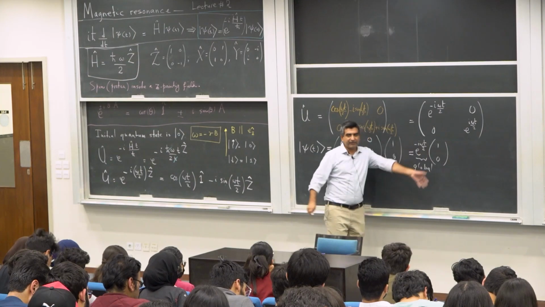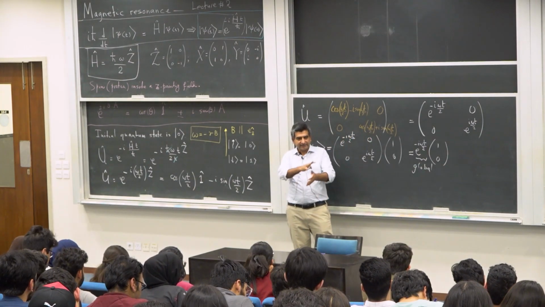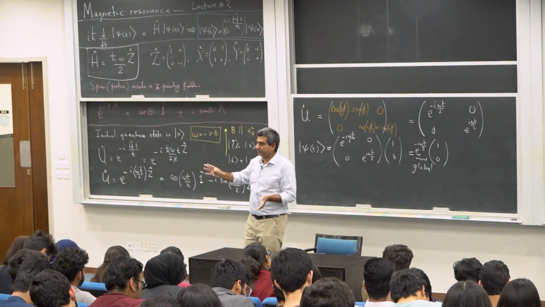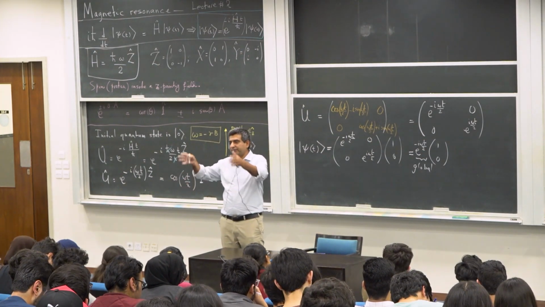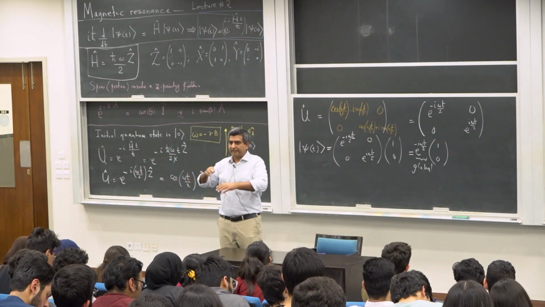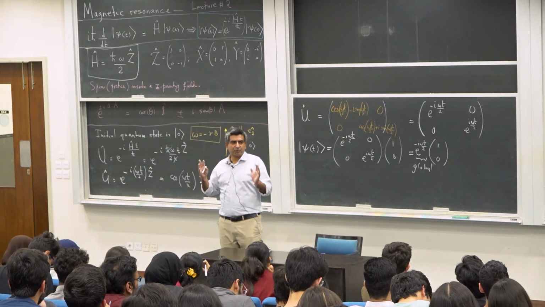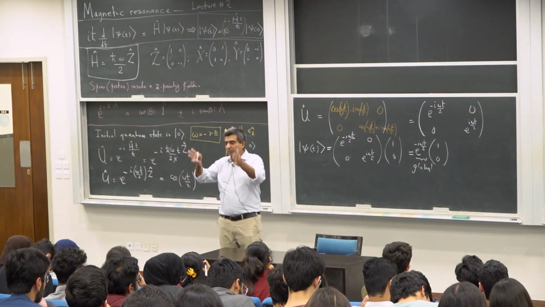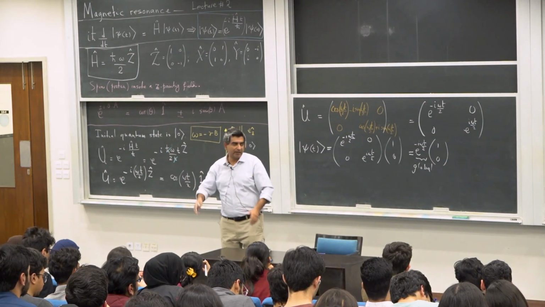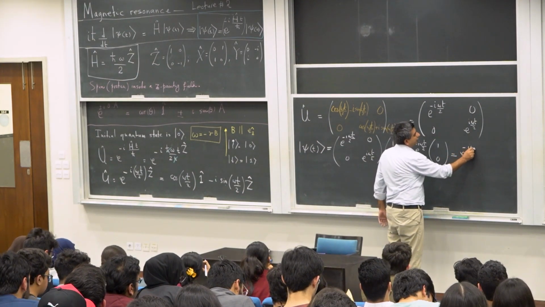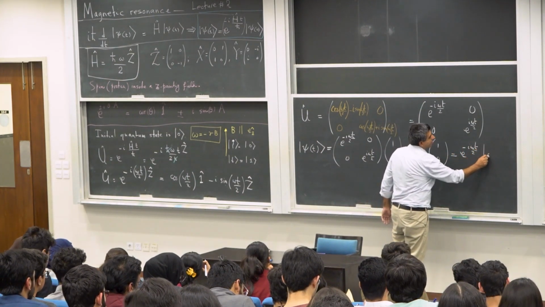This is outside everything. This is not inside the vector. This has been factored out. So it plays no role when you calculate the probabilities. Because when you calculate the probabilities, you take the modulus square, and this is a pure phase factor. It just factors out. It just gives rise to 1. It's complex, its modulus is 1. So this really is e to the minus i omega t over 2 ket 0.